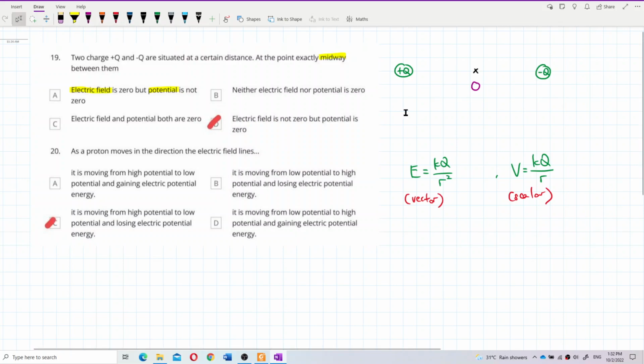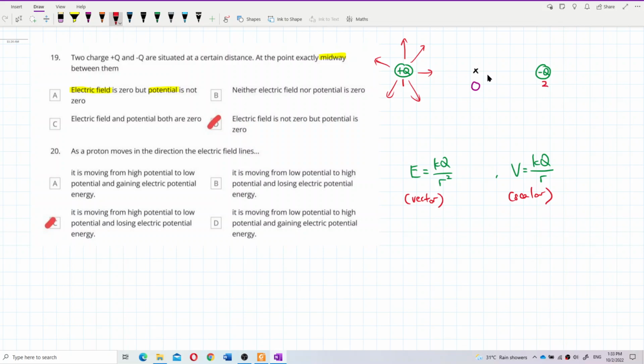For a positive charge, the field is going away from the positive charge, isn't it? Maybe I put this as charge 1, this one as charge 2.